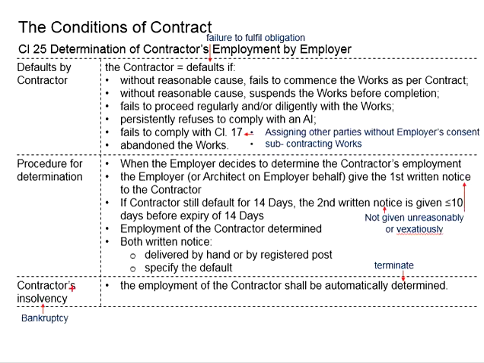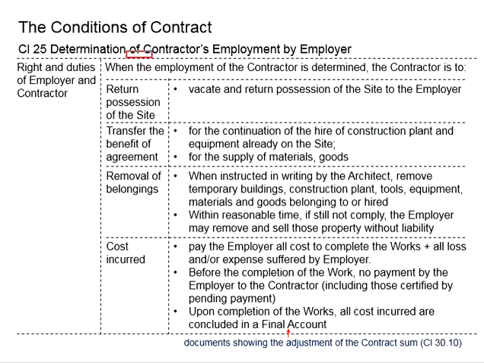Now, in the case of the contractor's insolvency, that means the contractor undergoes bankruptcy, the employment of the contractor shall automatically be terminated. Next, when the employment of the contractor is determined, there are duties and rights of the contractor and the employer.